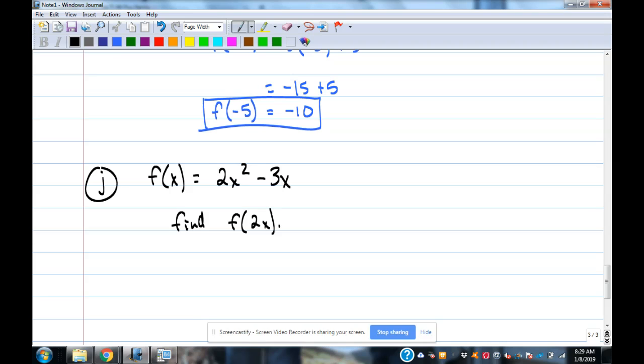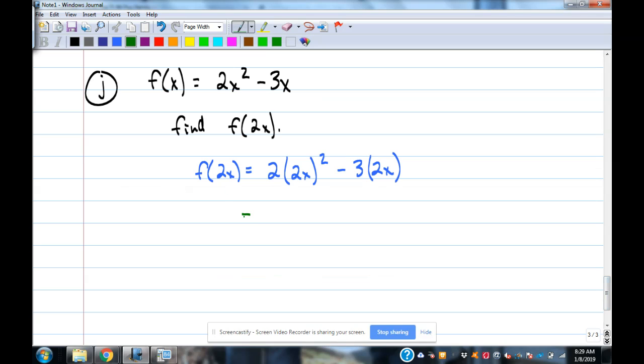Yeah, just plugging 2x in for x and doing a little bit of algebra. 2 parentheses 2x squared minus 3 parentheses 2x. I always use parentheses when I plug these things in. That's a good habit to get into. Sometimes you kind of forget some of the exponent rules that happen, so be careful of that.